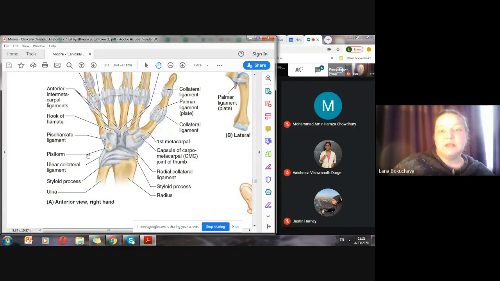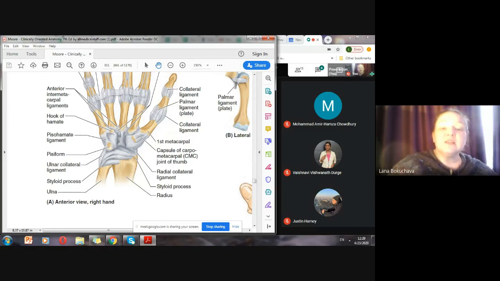So as we said, in the case of the wrist joint, we use only the part of the radius and the proximal row of the carpal bones. Particularly, it makes direct attachment with a part of the scaphoid and the lunate, which are more laterally localized, out of all of these four proximal bones, where we have also the triquetrum and the pisiform, as you remember, yes?